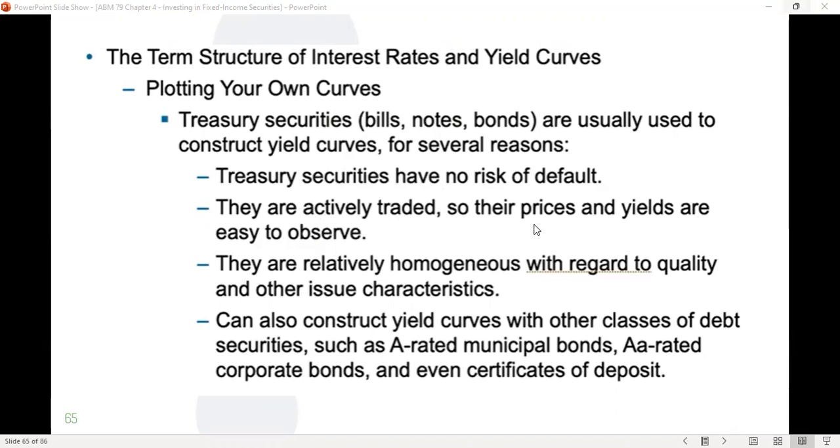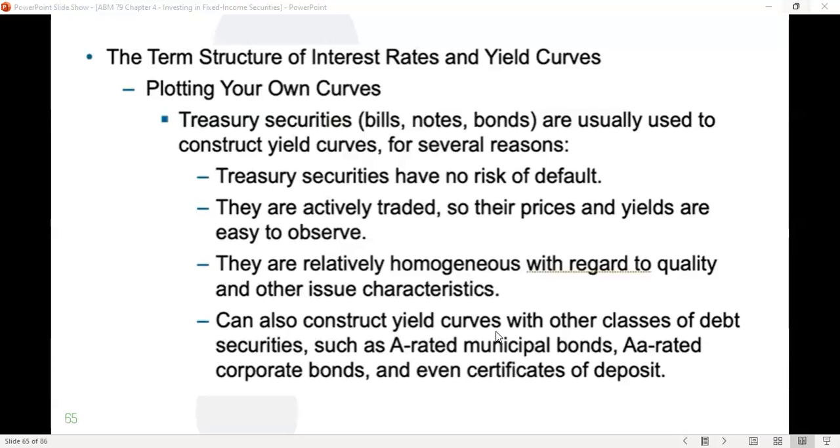They are actively traded, so their prices and yields are easy to observe. They are also relatively homogeneous with regards to quality and other issues.